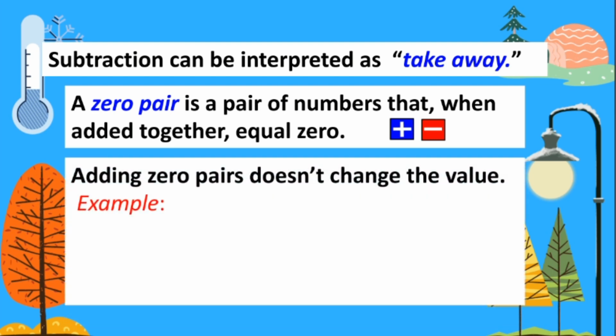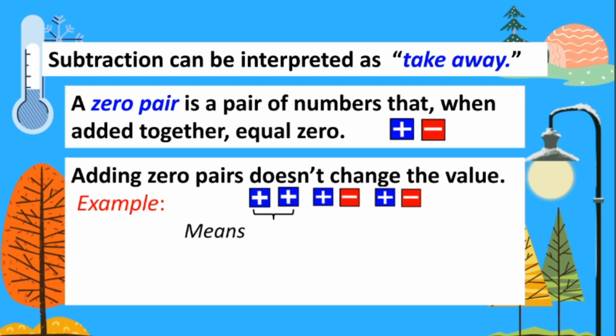Adding zero pairs doesn't change the value. May mga pagkakataon sa subtraction of integers na kailangan nating magdagdag ng zero pairs para makapag-minus tayo. Pero, hindi nun mababago ang value ng given. Example, we have positive tiles and zero pairs. Means, yung dalawang positive tiles or blue tiles equal to 2. And then yung pair ng positive at negative, 0.